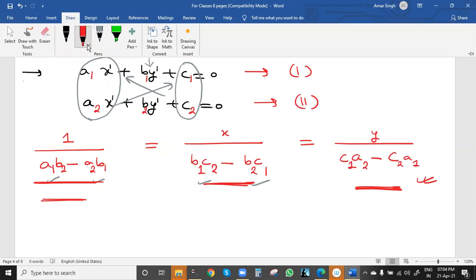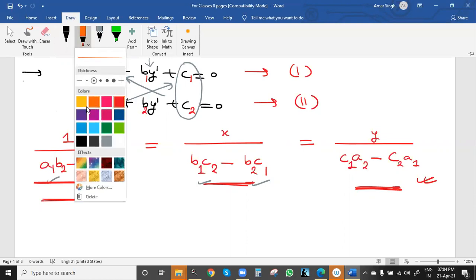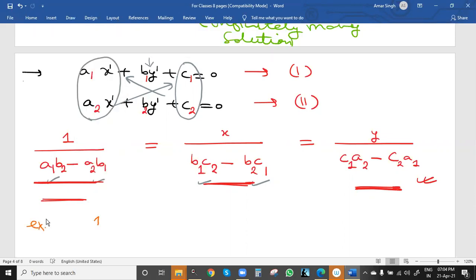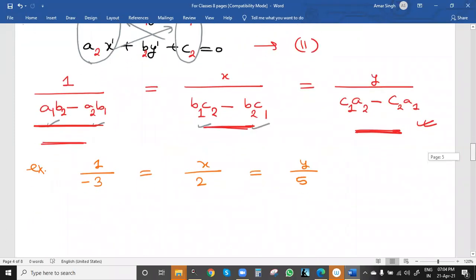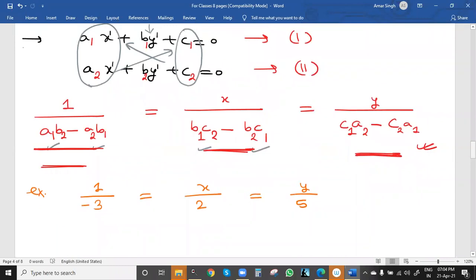Suppose we solve the equation and it comes like this: 1 by minus 3 equal to x by 2 equal to y by 5. So what will be the x and y values? First we will equate the constant value with the x term.